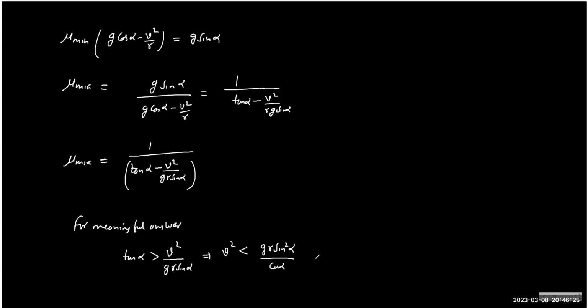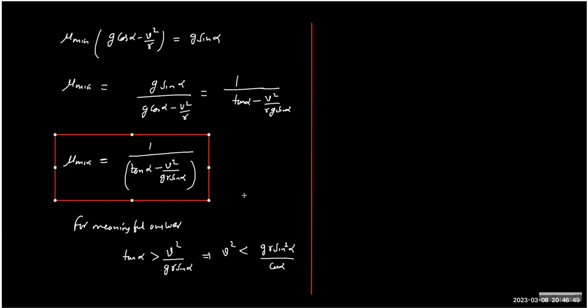So you cannot move really fast. You know why? Because if you move really fast, you will leave the track. You will go off the track. That's the problem. So generally what they ask is this part. You can leave the answer the way you want.